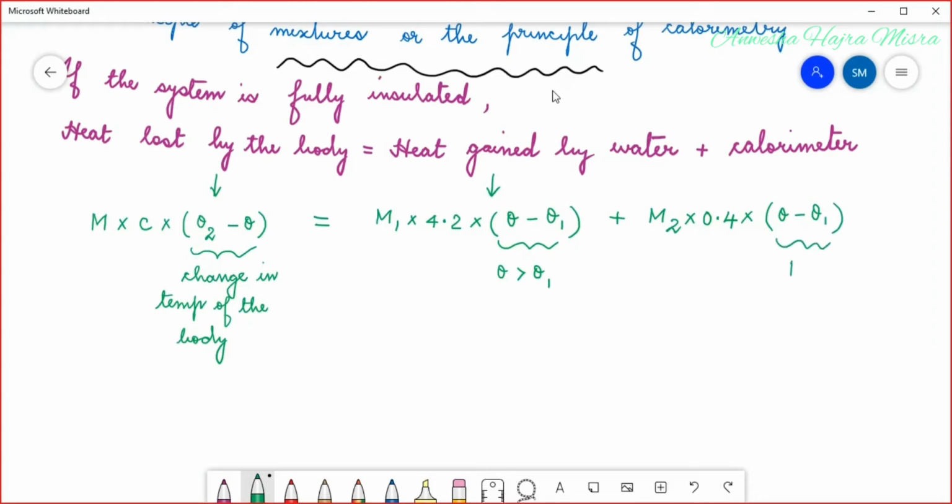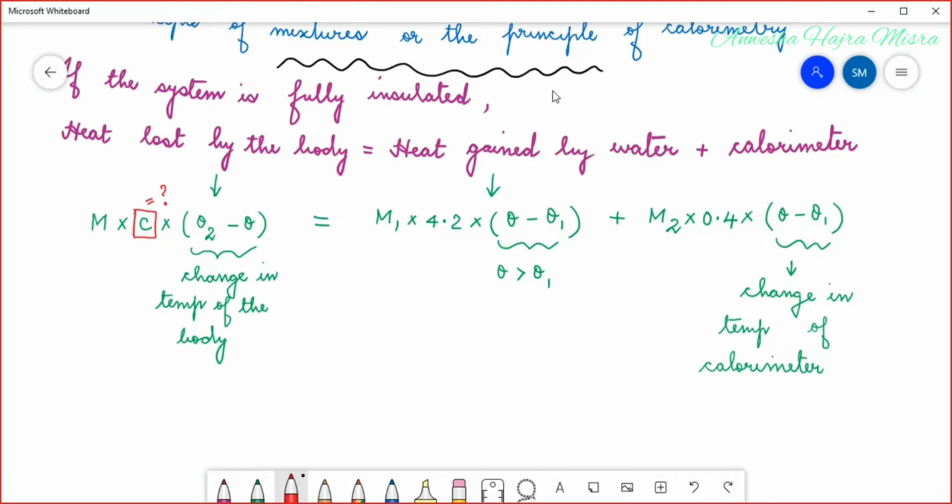So this is the change in temperature of the calorimeter. So with this expression, we can find out C.